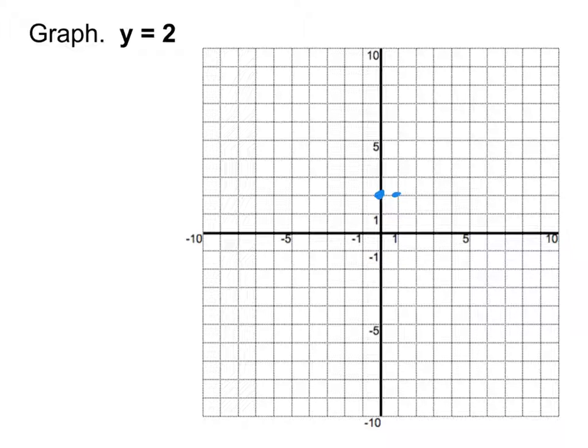Or x could be 10, and y would still be 2. Or of course x could be negative 10, and y would still be 2. And so you'll notice then, every point along a horizontal line here has y equaling 2. So this is the graph where y equals 2. If you haven't yet drawn it in, draw it in.